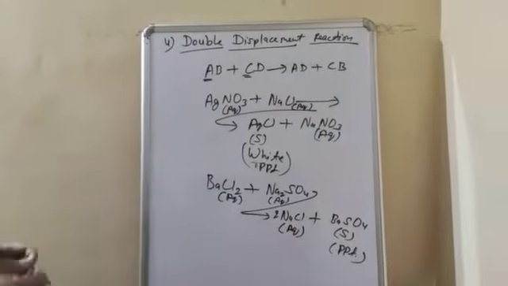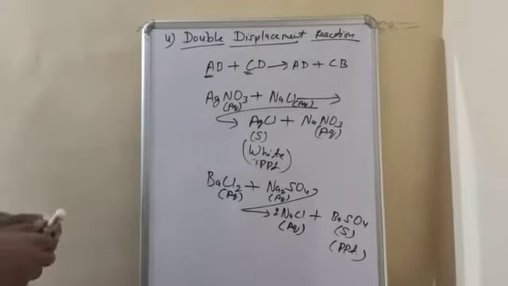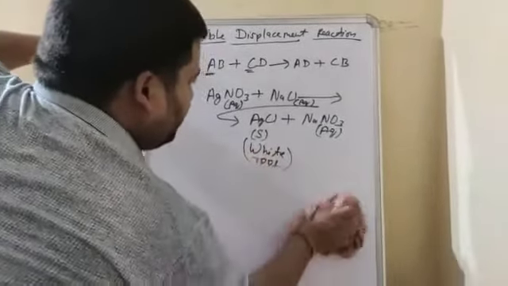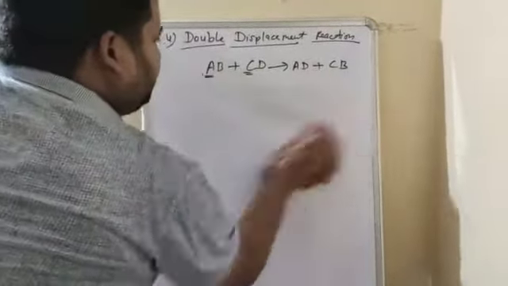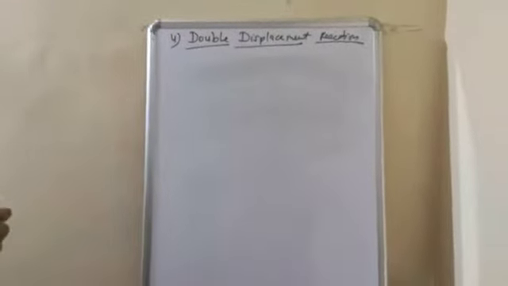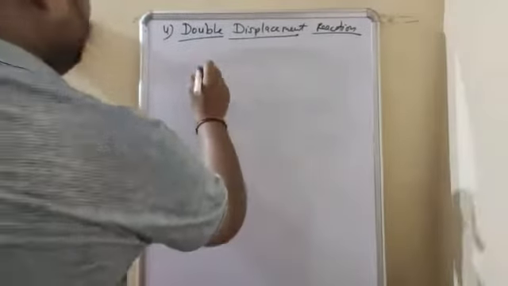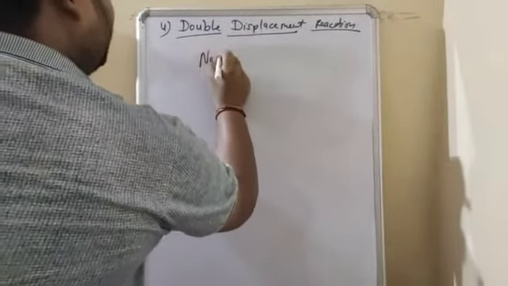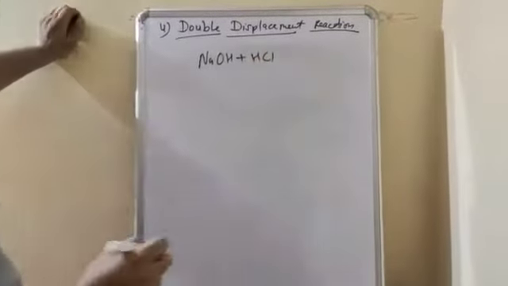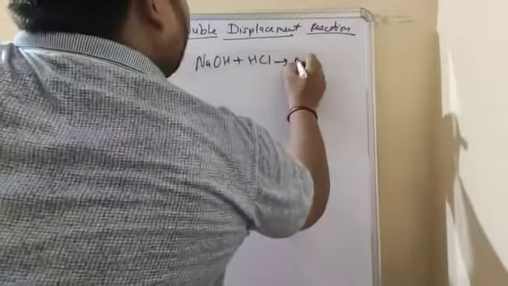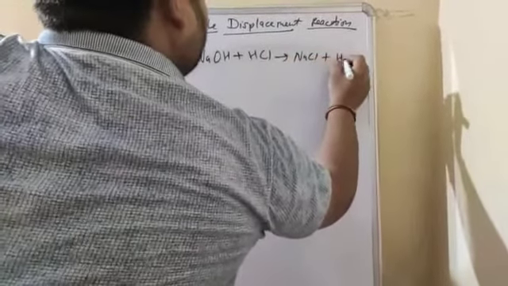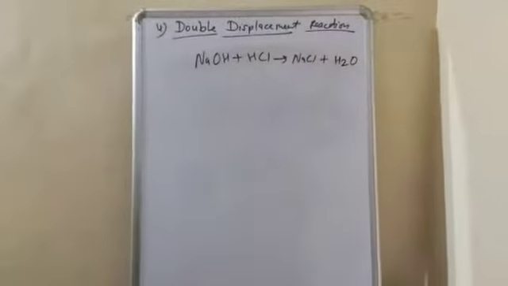Now we will take one example in which no precipitate will form. And that reaction is known as neutralization reaction. You have seen in lower standard, when sodium hydroxide reacts with hydrochloric acid, sodium chloride will form plus water as well.